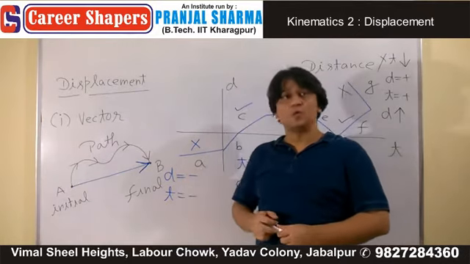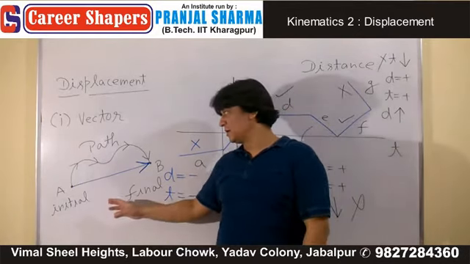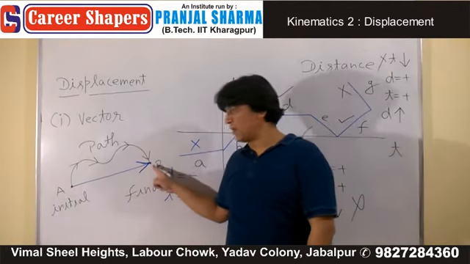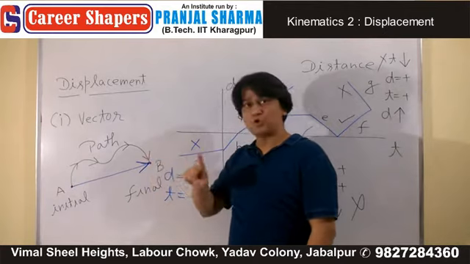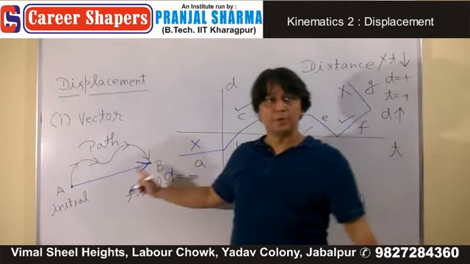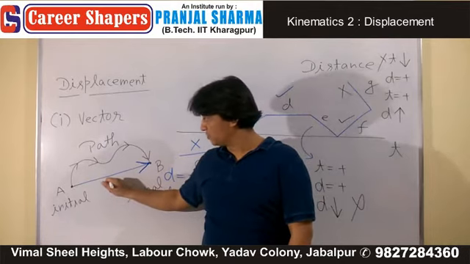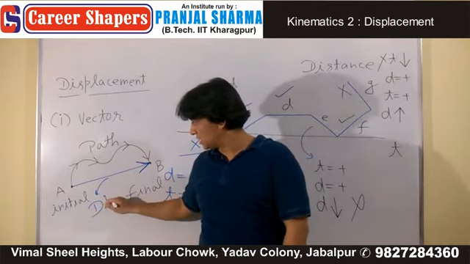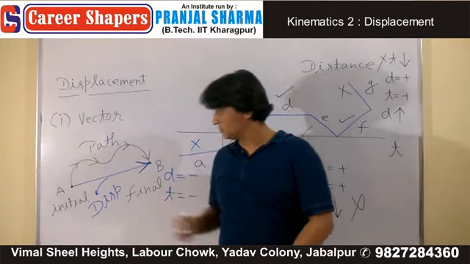Now look here. What is the direction of displacement? Its direction is from initial to final, which is shown with the help of this arrow. This blue line is called displacement.